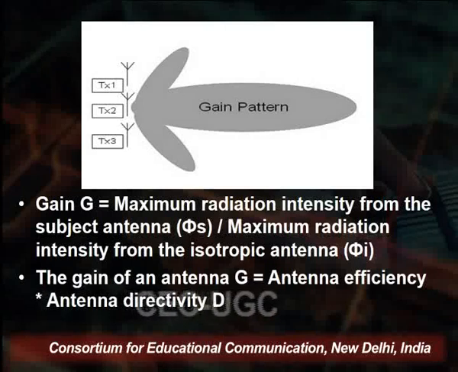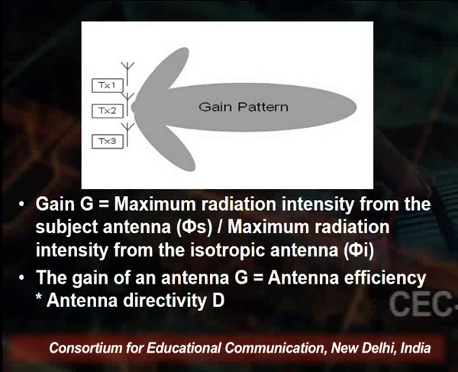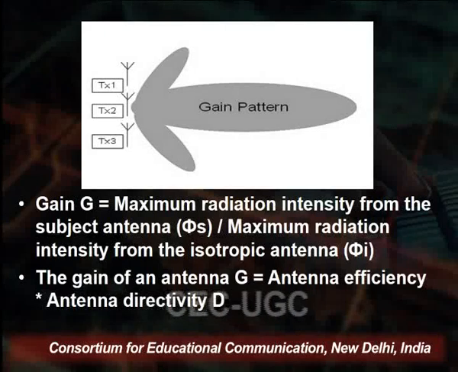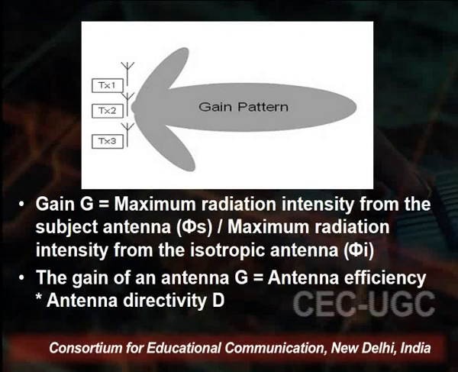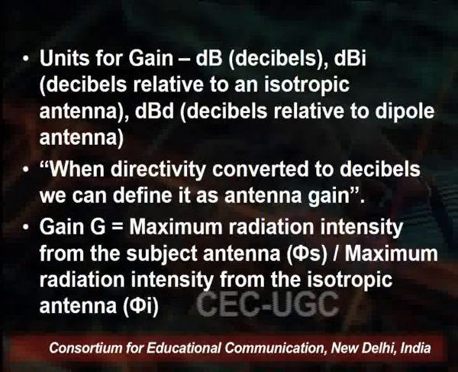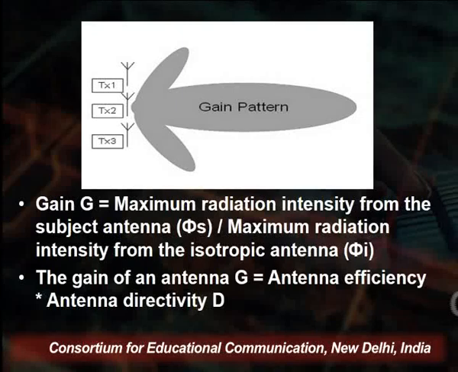So the gain of the antenna is the efficiency into the antenna directivity D. Any gain of the antenna is defined by the efficiency as well as by the directivity. When we know the efficiency as well as the directivity, then we define the total gain.